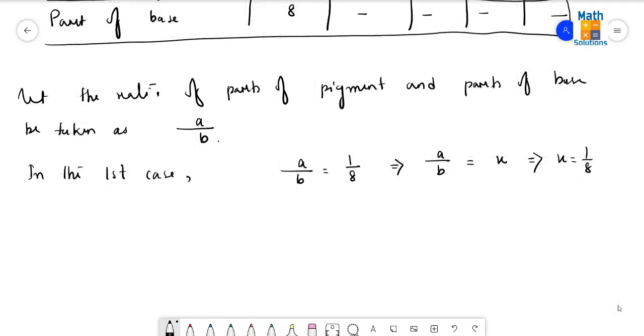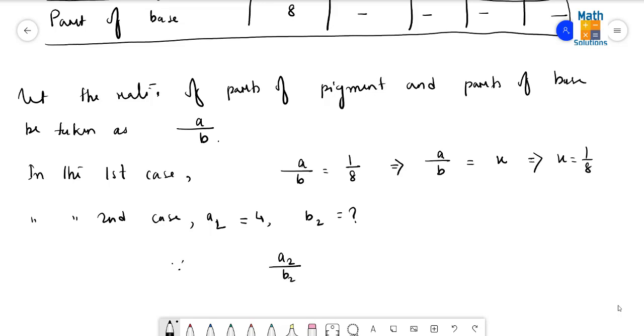In the second case, we have the result for A. That means A2 is given to be 4. B2 is not given. So here what we shall do?